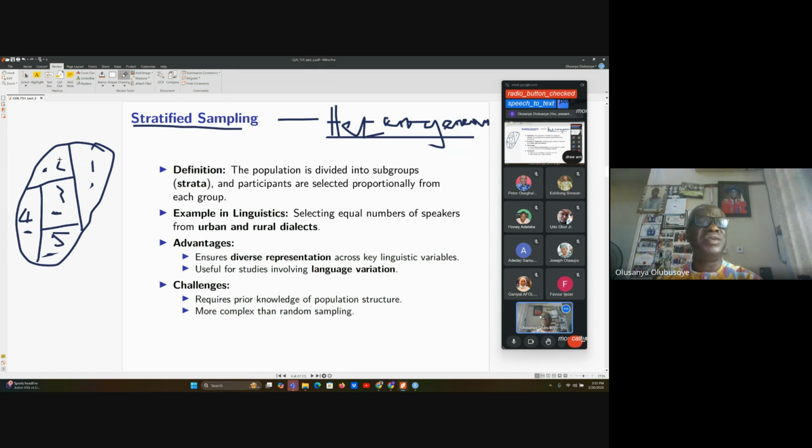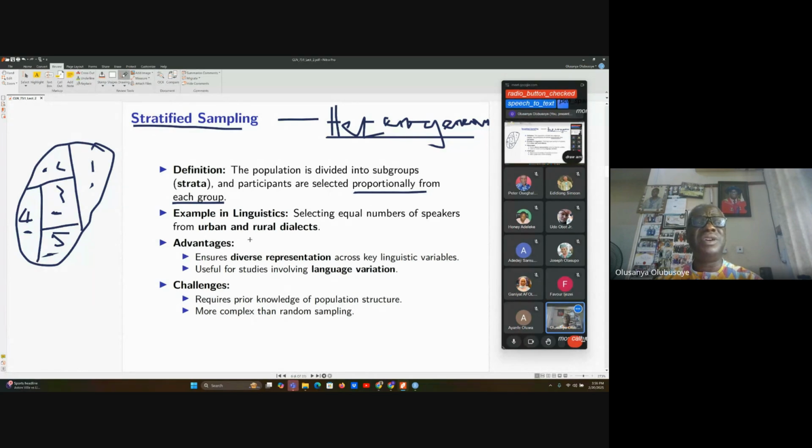You can select an equal number from each group. That is equal allocation. You can also select in a way that is proportional to the size of each group. So if group 1 has more members than group 2, then you select more from group 1 than group 2. That is selection proportional to size.